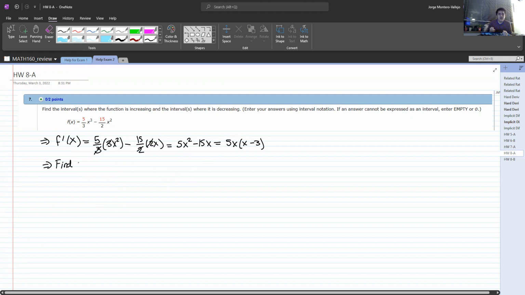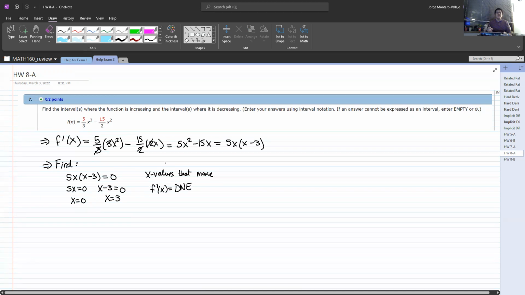Okay, the second step is to find the roots. We want to set the derivative equal to 0 and find those x's that we get. So when you do this, you set each factor equal to 0, and you get x equals 3, and you get x equals 0, right? And also we need to find x values that make f prime of x not exist.